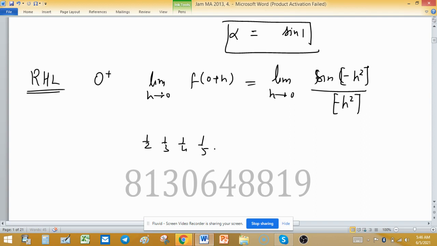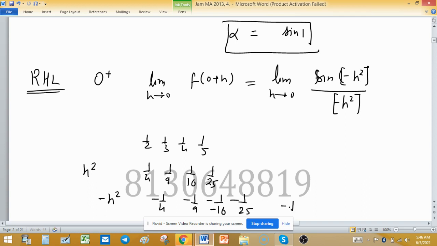So take the square of h: 1 upon 4, 1 upon 9, 1 upon 16, 1 upon 25, because this is h square, and minus h square will be minus 1 upon 4, minus 1 upon 9, minus 1 upon 16, and minus 1 upon 25. So these are approaching 0 from the negative side.